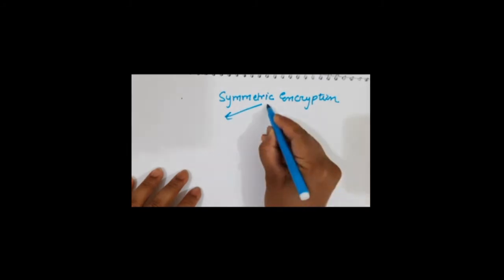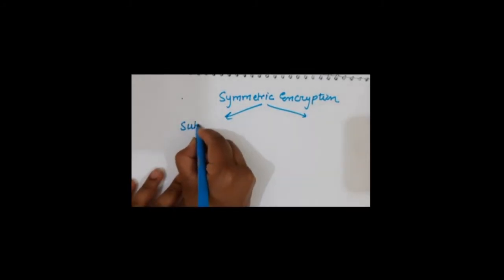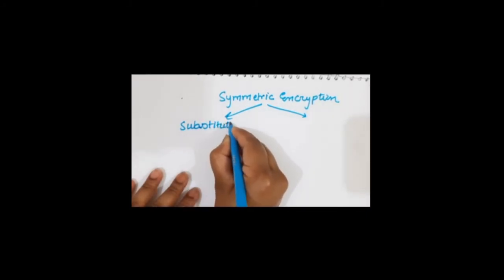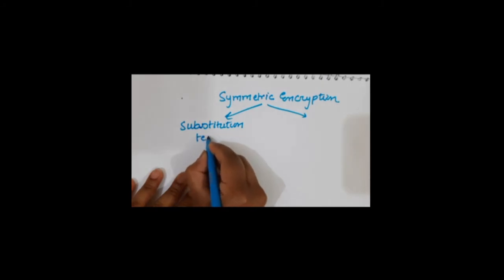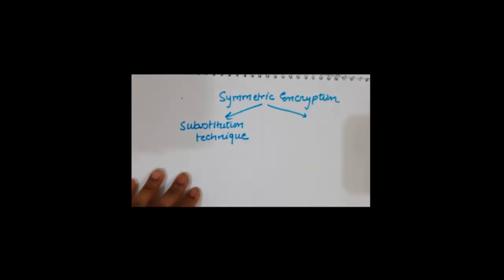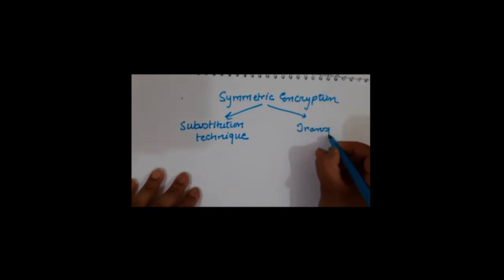Symmetric encryption can be further divided in two types. The first one is the substitution technique. And the second one is the transposition technique.